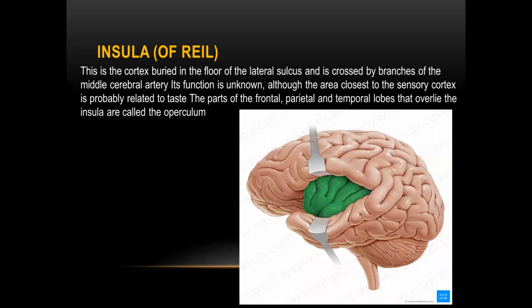The parts of the frontal, parietal, and temporal lobes that overlie the insula are called the operculum.